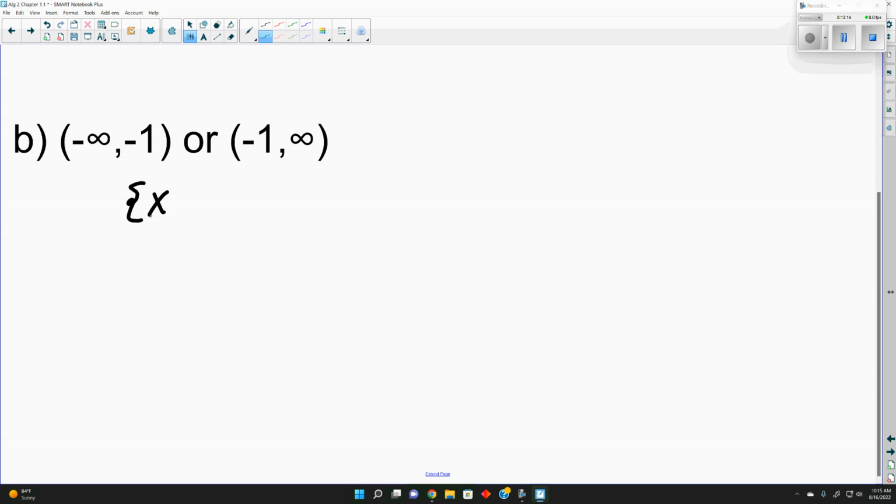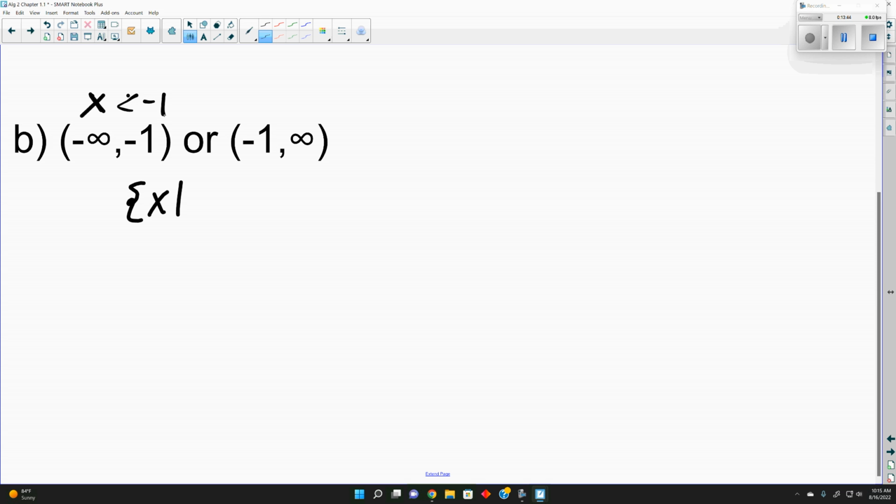Well, set builder, set of all real numbers x such that, well, we have these intervals, yes? Let's look at the first one here. Negative infinity, comma, negative 1. So we're talking about, as an inequality, this would be what? x is less than negative 1.